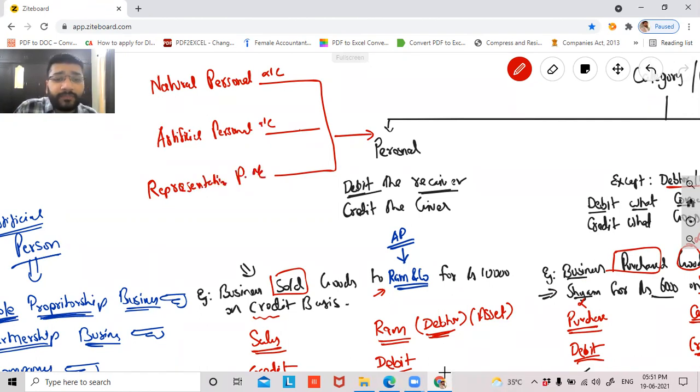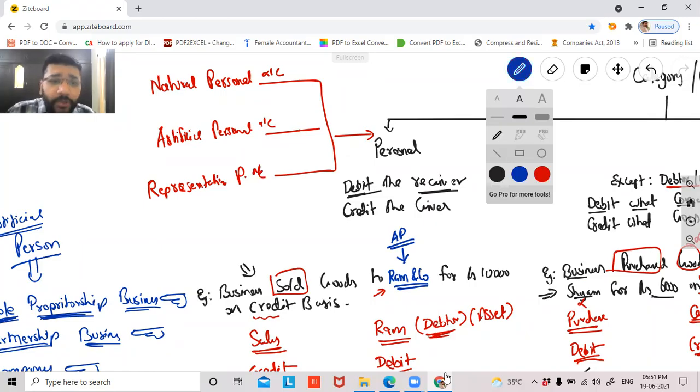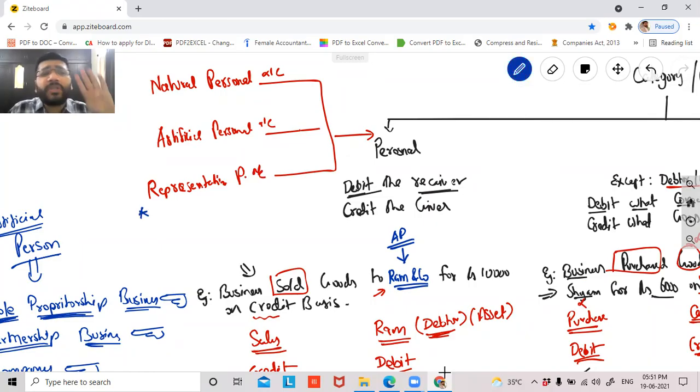Guys, in representative personal account, you take care of 4 special items. When you come across these 4 accounts in any business transaction, you have to put them under the representative category. Only then you will understand why it is representative. This is slightly complicated, hence I'm not explaining it now.